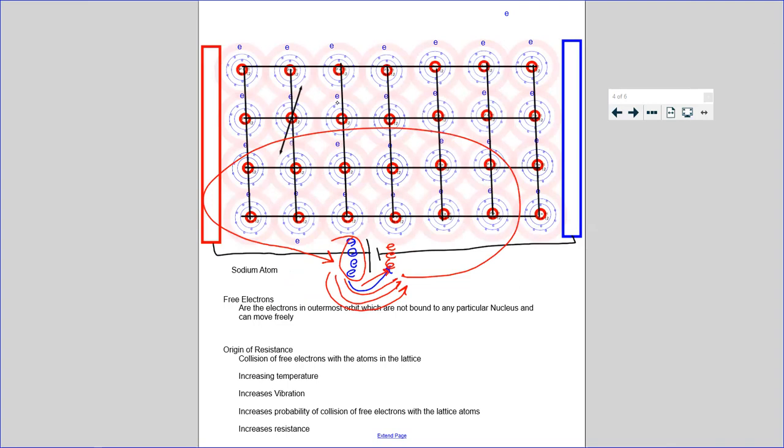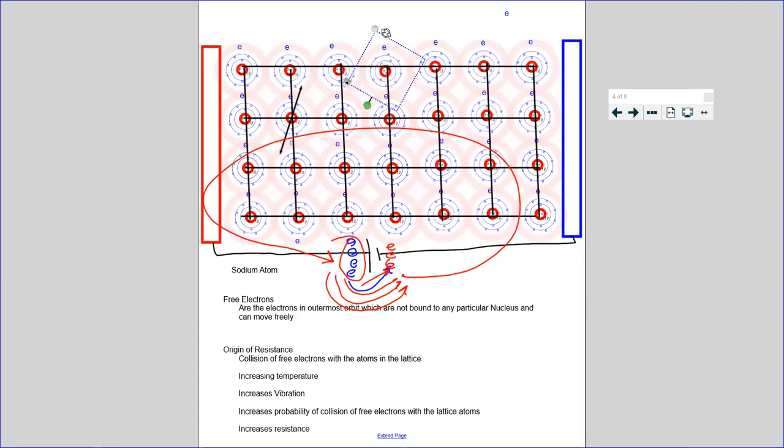Every atom has those 10 electrons which are bound to that particular atom. The inner electrons are only able to turn around that particular nucleus. Can you see it? They only turn around that particular nucleus.